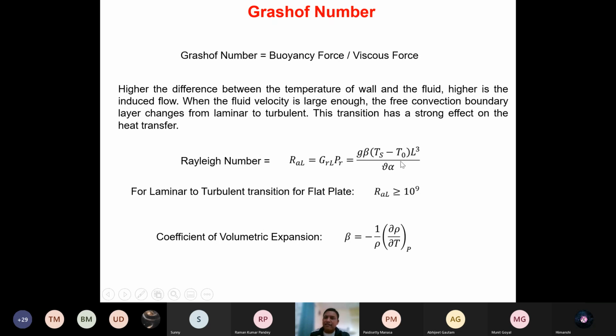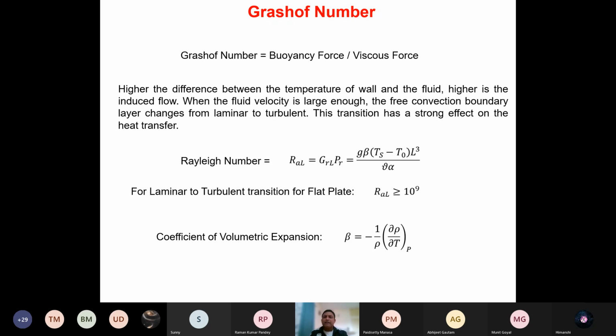It is defined by this equation: g beta delta T L cubed divided by nu, where nu is the kinematic viscosity, multiplied by the thermal diffusivity alpha. That gives you the Rayleigh number. For laminar to turbulent transition on a flat plate, the Rayleigh number should be greater than 10 raised to the power 9. If my Rayleigh number is greater than 10 raised to the power 9, then our flow is going to be turbulent.